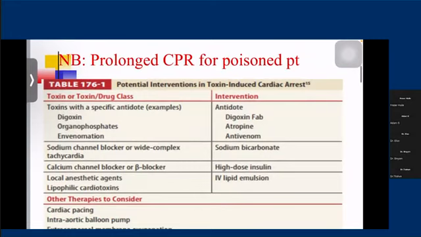So regarding resuscitation of a patient who presents in arrest, we have to prolong our cardiopulmonary resuscitation, because, as I said, epidemiologically most patients who present with poisoning are aged 20 to 40, but in our setup, usually most are younger.